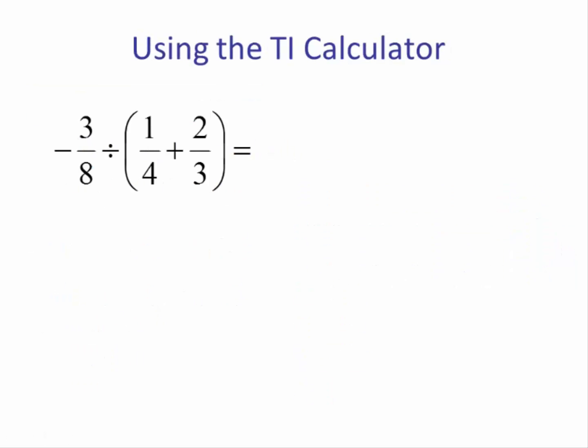Now we can use the TI 83 or 84 calculator to compute problems involving the order of operation, and we can also do those involving fractions. So this is negative 3/8 divided by the quantity 1/4 plus 2/3. So we would have to add these two first, and then take negative 3/8 and divide it by this quantity.